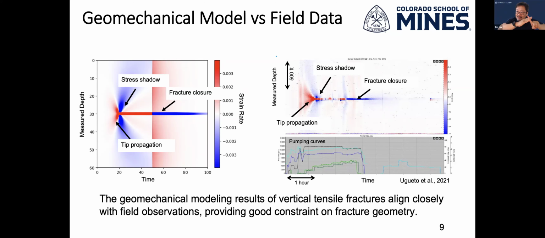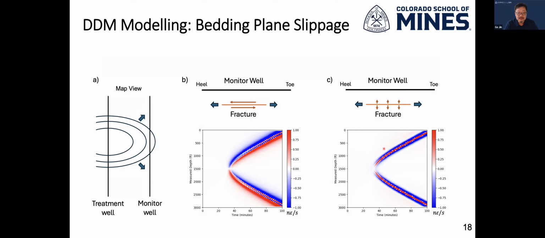Another argument for why we know it's shear is that for a tensile fracture, the polarity of outgoing or downgoing migration must be the same. I'm a geophysicist, so sometimes I use terms from seismology. The heel-going or toe-going migration needs to have the same polarity if it's a tensile fracture.